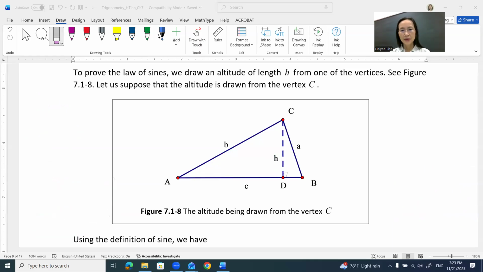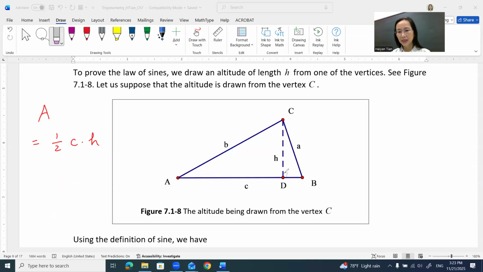But suppose again we want to find the area using half the base times height, h.